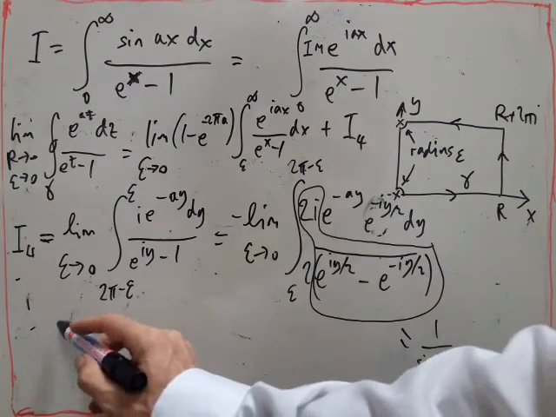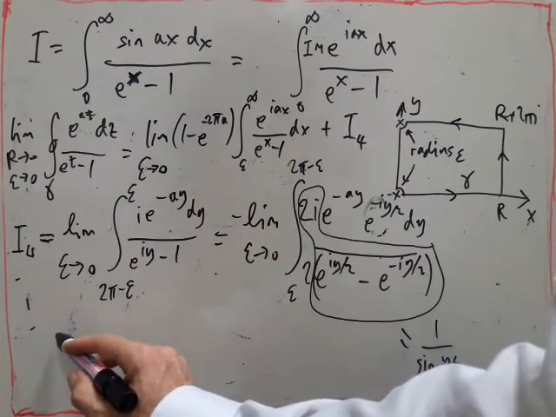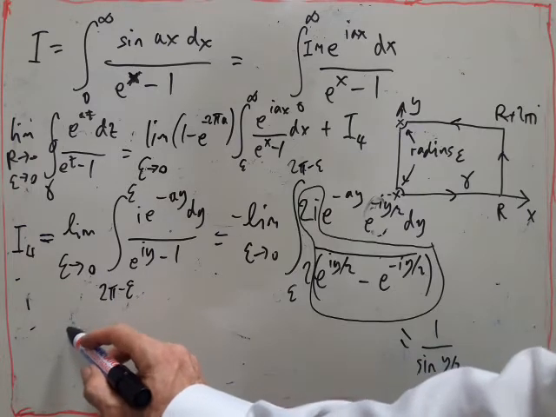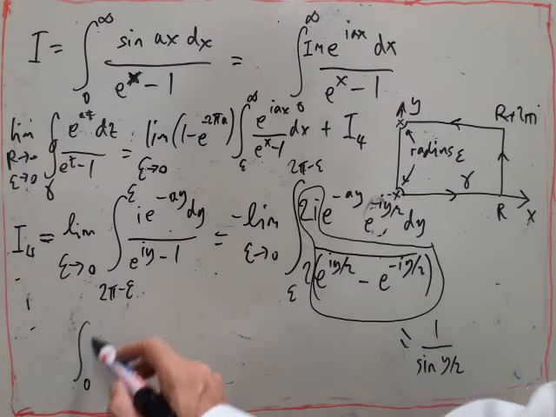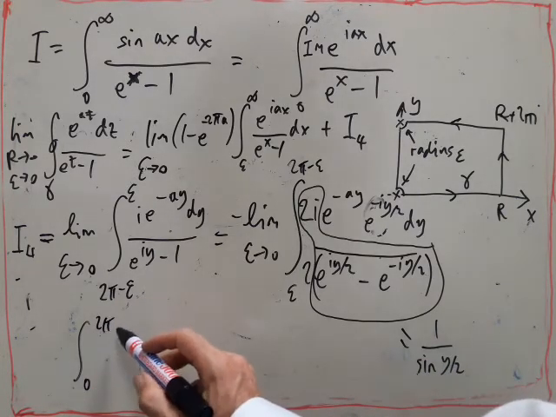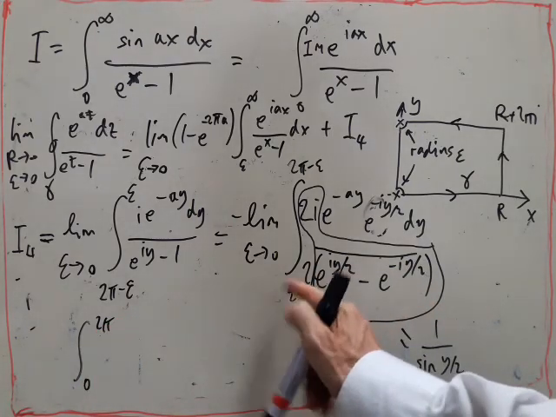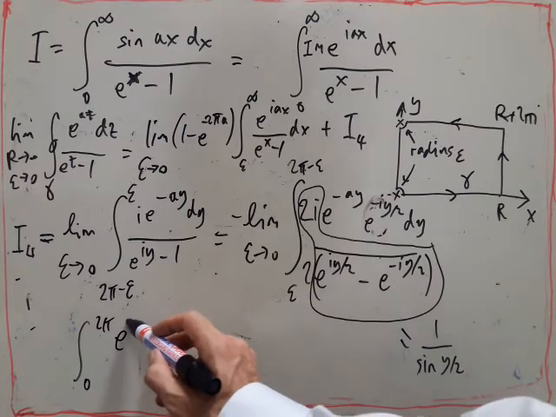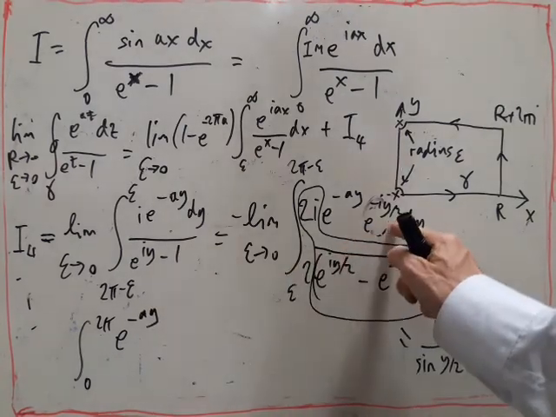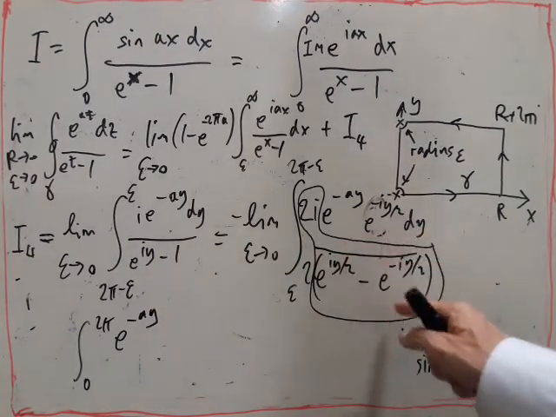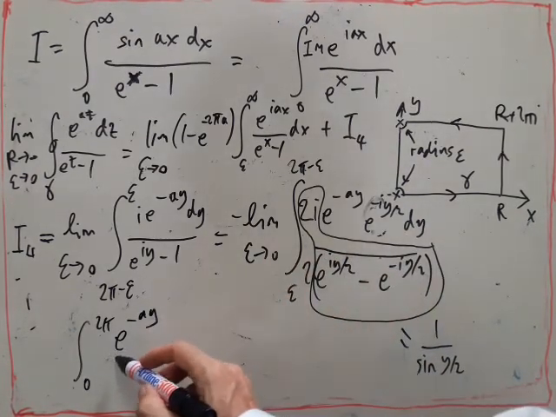So I then get the result of the integral from 0 to 2 pi of, I've got a factor of 2 here, and this sine y over 2 cancels this sine y over 2. So I'm just left with this.